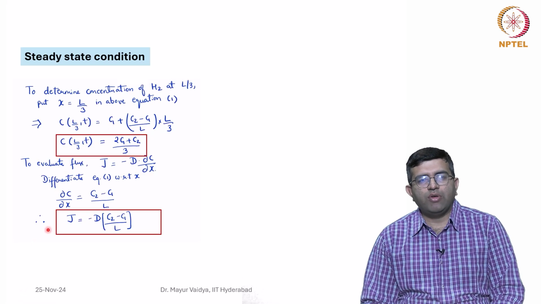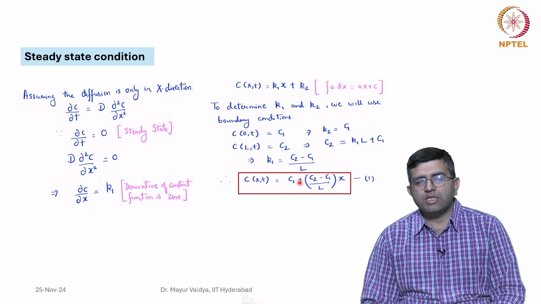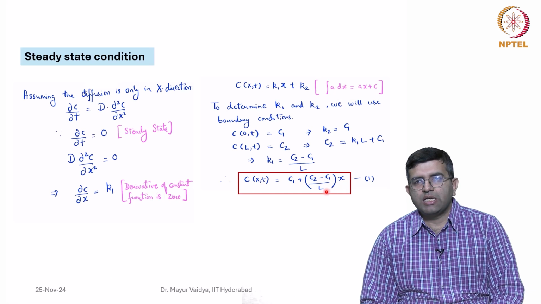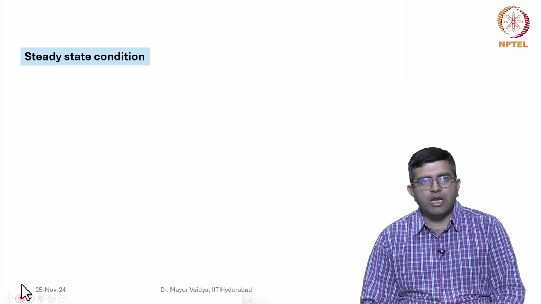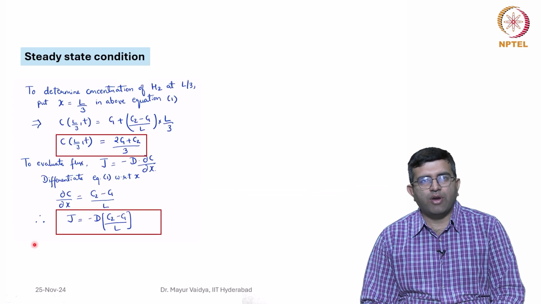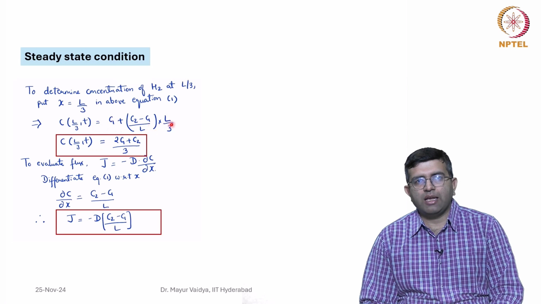So, now we remember that we got this expression c of x is equal to c1 plus (c2 minus c1) by L into x, and our problem stated that we need to find the concentration at L by 3. So, I put x equal to L by 3 here. So, c at L by 3 comma t, I get c1 plus (c2 minus c1) by L into L by 3, which gives me the value of (2c1 plus c2) by 3.